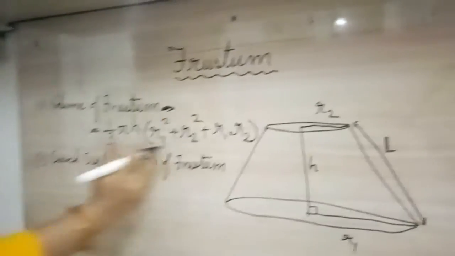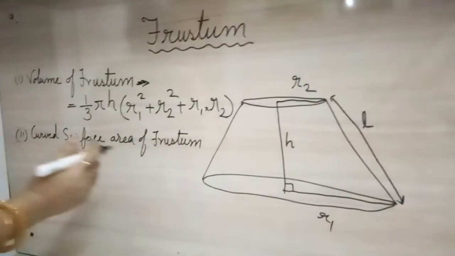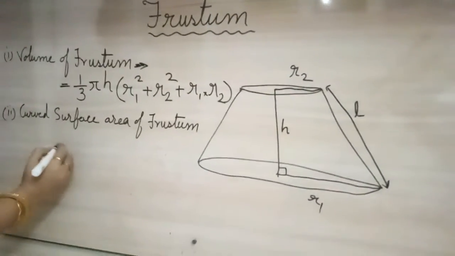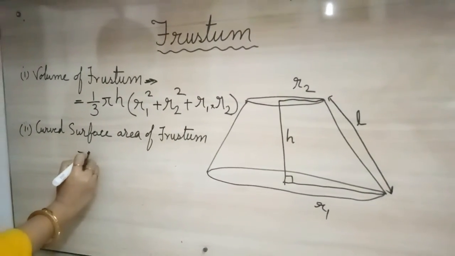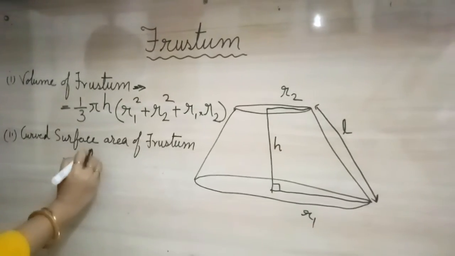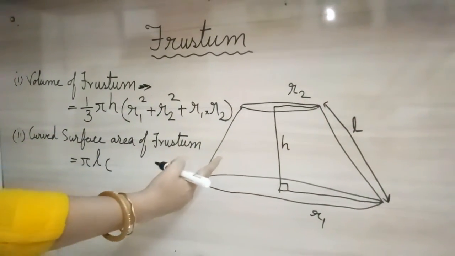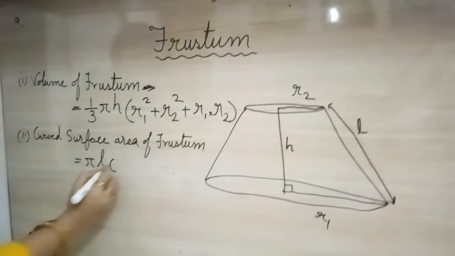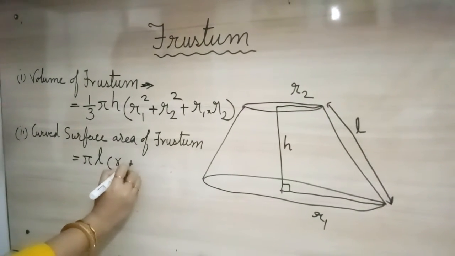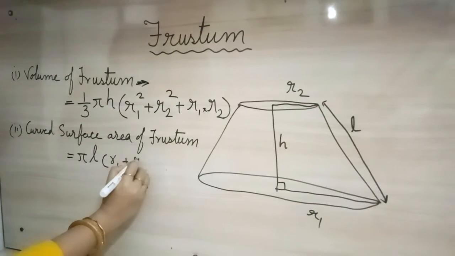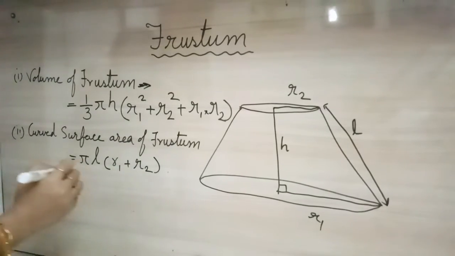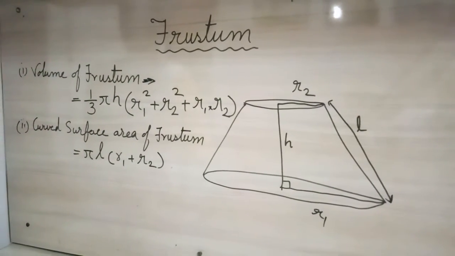So curved surface area means only outside area. Okay, so again it will generate from cone only. So pi L, and instead of writing r, here two r's are there, so which r to be written? So it will come as r1 plus r2. Okay.